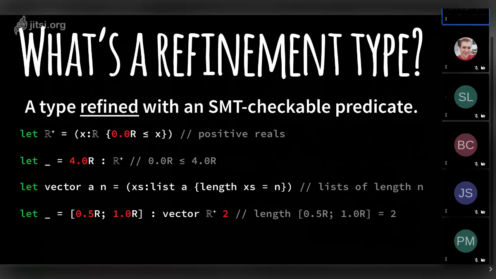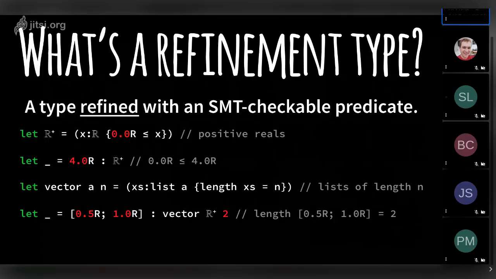So we wrote a library called StarChild in F star. We also wrote a similar library in Liquid Haskell, which is Haskell extended with refinement types. But because the syntax of StarChild is a little bit nicer, specifically the syntax for refinement types in F star is a little bit more compact.